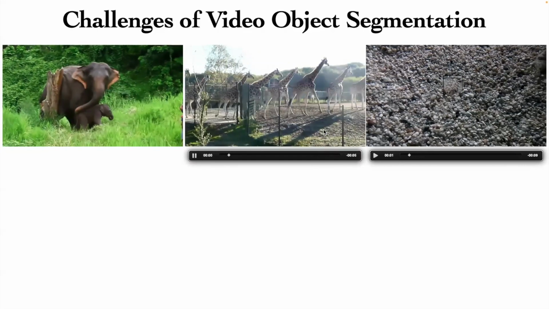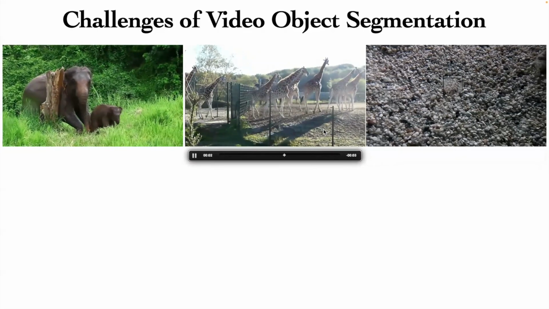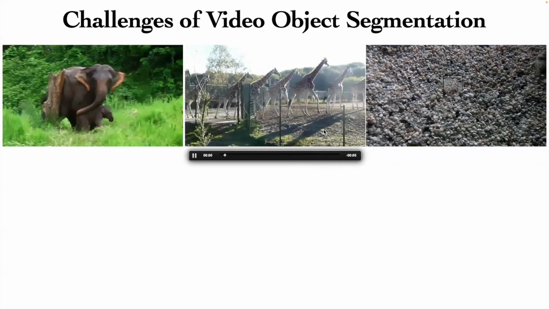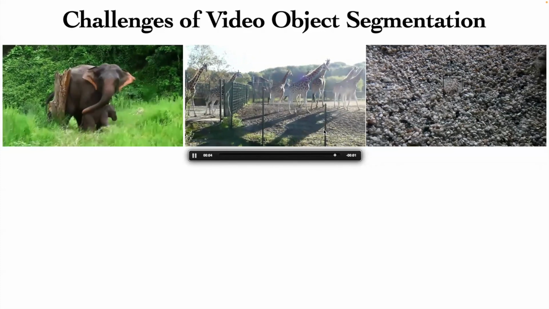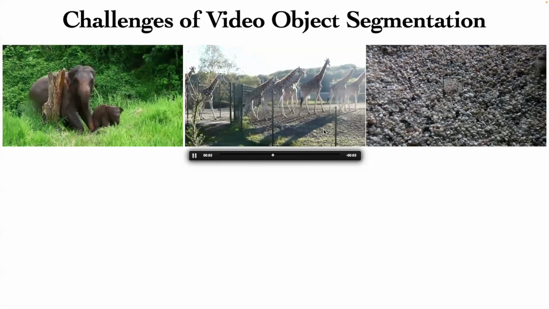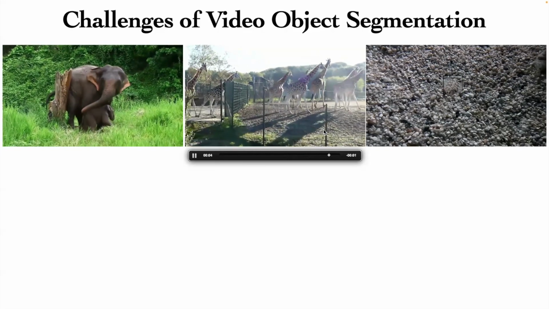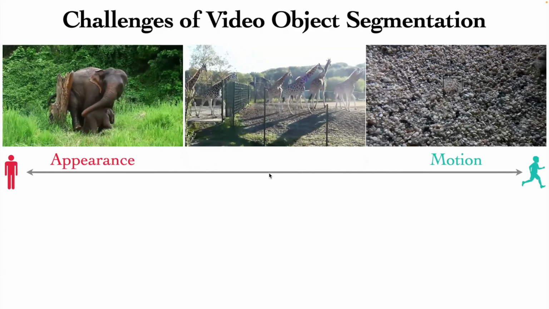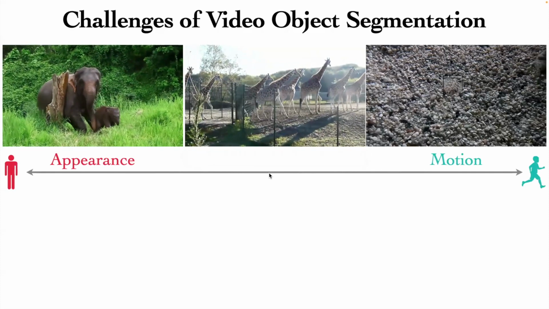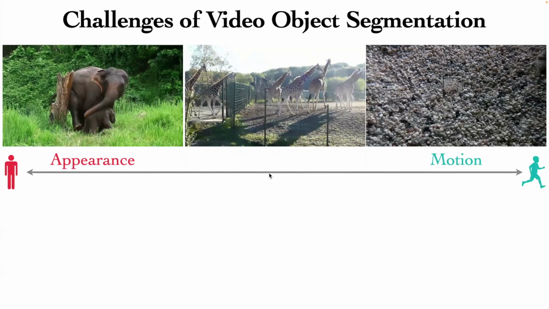And in reality, most of the videos come in between. The giraffes are moving in a group, the motion is different, the parts are different, yet we see individual motion, we see the group motion. And so obviously we need to take both appearance and motion into account. Each is useful in certain settings.